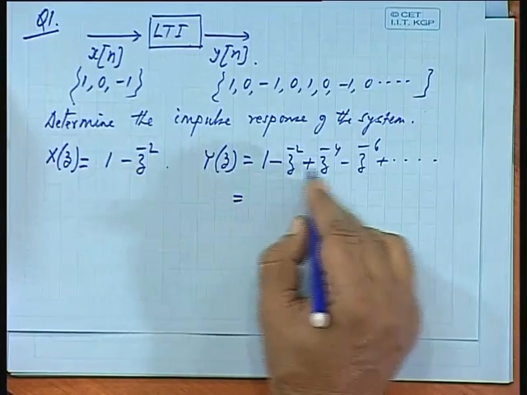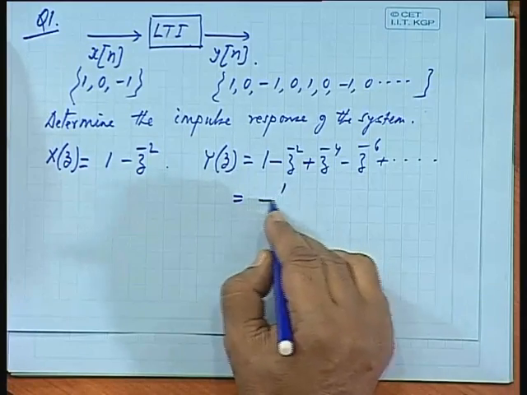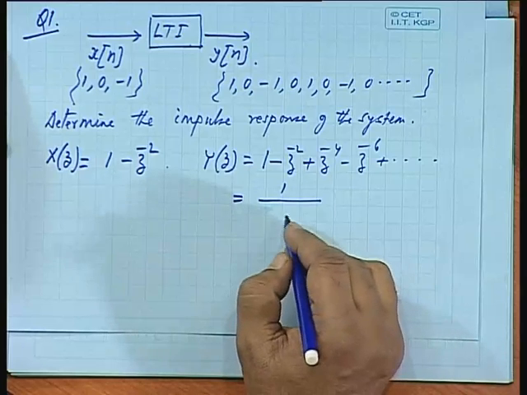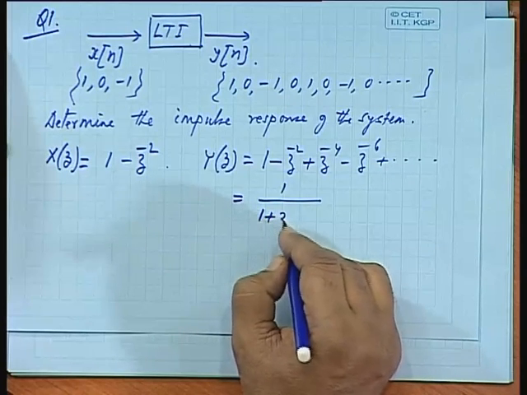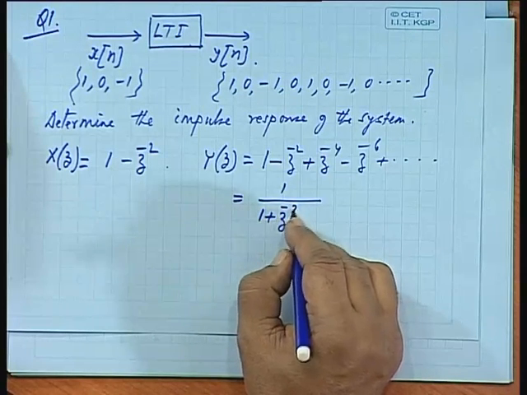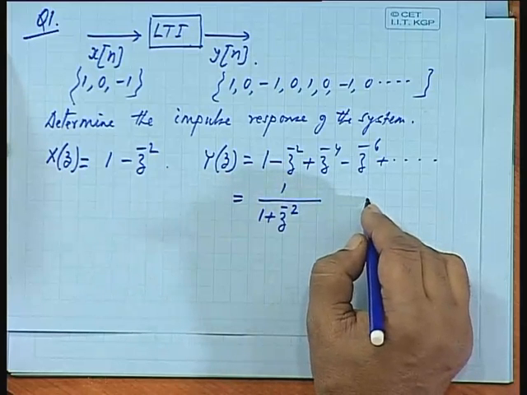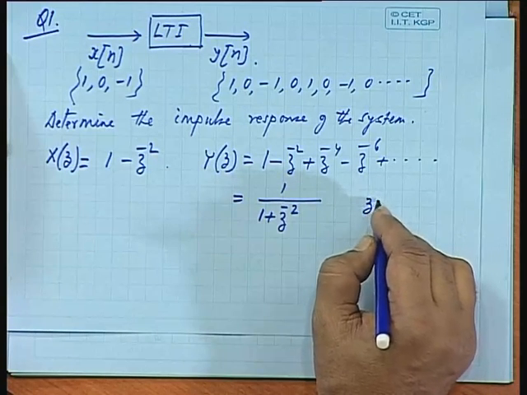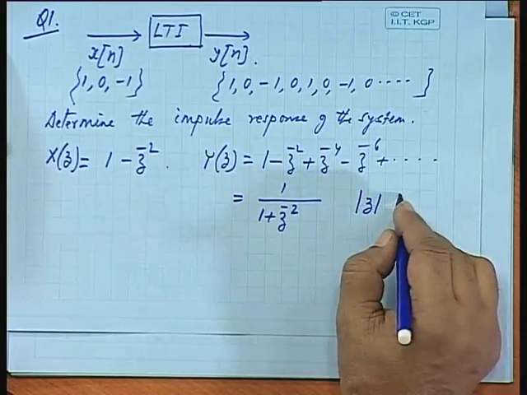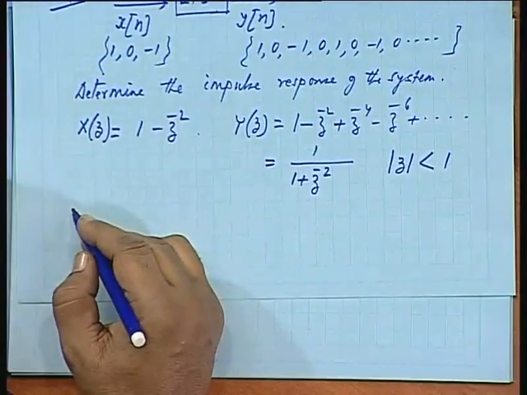So, this is an infinite sequence. This will be giving me 1 plus z to the power minus 2, okay. Magnitude of z should be less than 1, that is ROC. So, what will be H(z)?